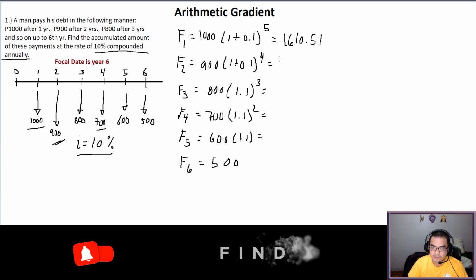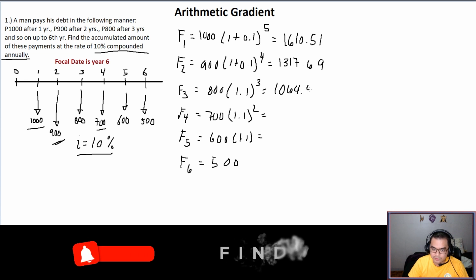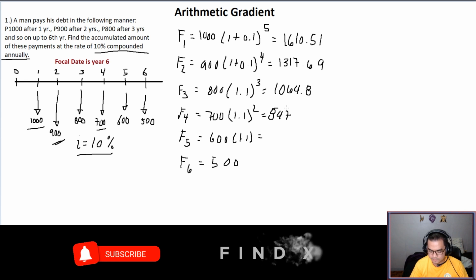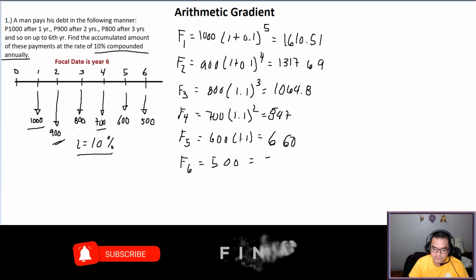Then 900 times 1.1 raised to 4 is 1317.69. Then 800 times 1.1 raised to 3 is 1064.8. This is 847, this is 660, and this is 500.